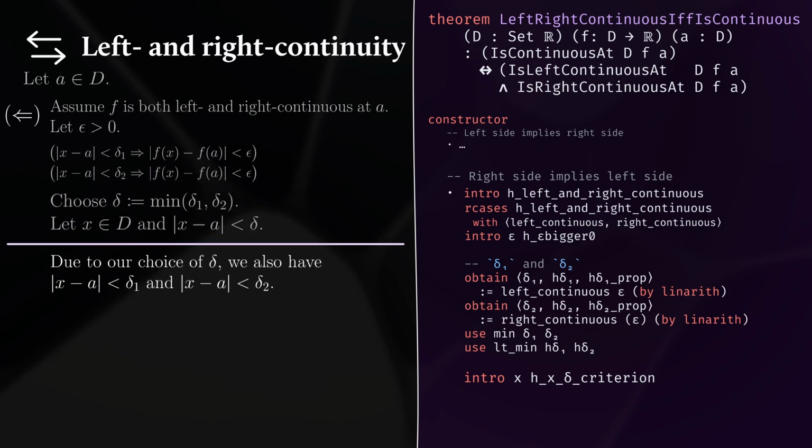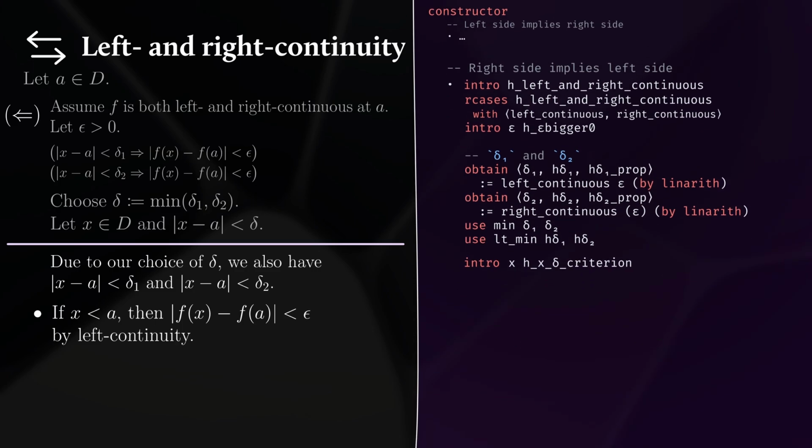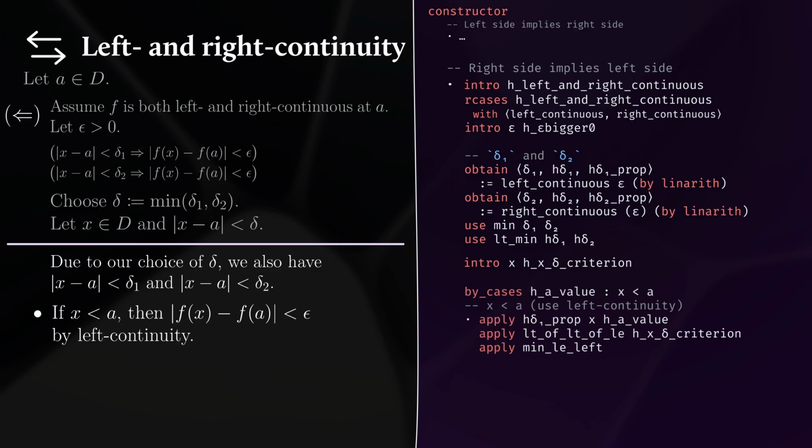We consider 3 cases now. If x less than a, then the distance between f of x and f of a is less than epsilon by left continuity. We can do exactly that in Lean. We use by_cases. And for the first case where x less than a, we use our left continuity. Then we have the case x being equal to a.